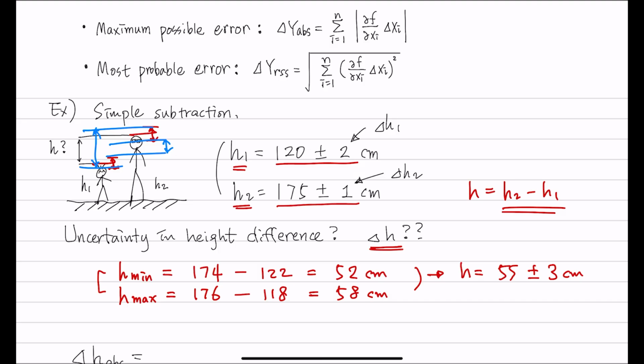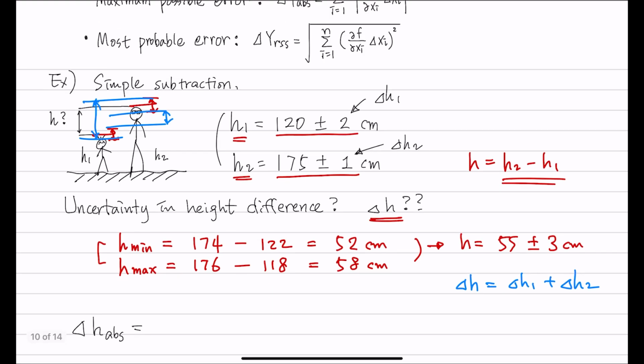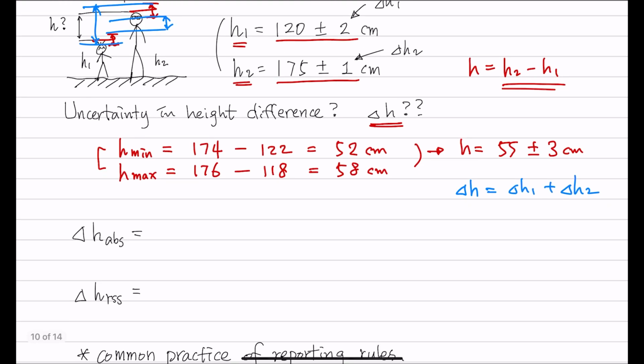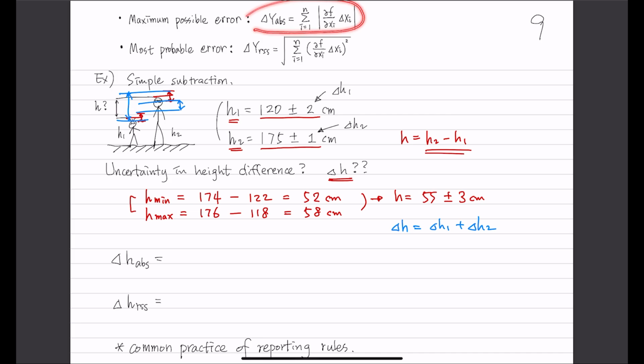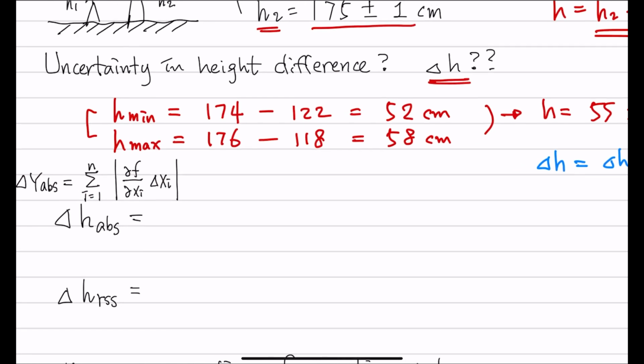So we can see that delta H was the sum of H1 and sum of H2. And we can try following the definitions we had in the previous case, the absolute and the most probable error. Let me just copy this guy down here so that it's easy to reference.